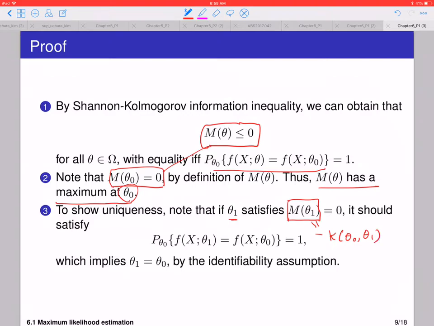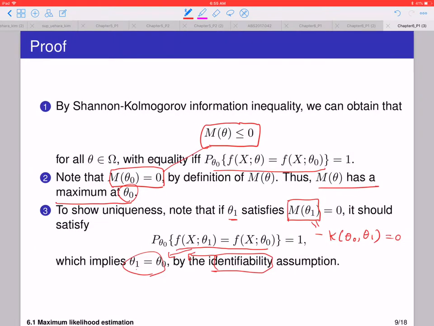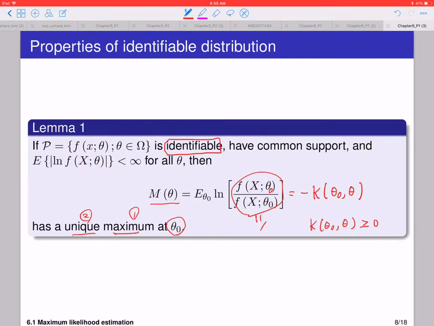So if this is 0, that means what? That means these densities are equal, right, with the property 1. So then the identifiability condition implies this. So that means zeta 1 is equal to zeta 0. That means we have a unique maximum.